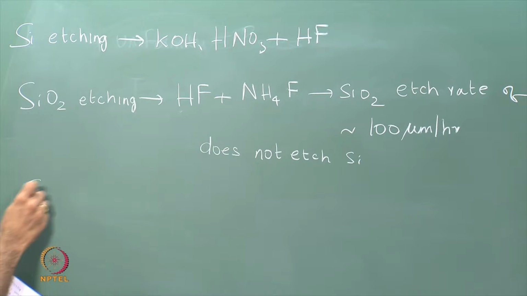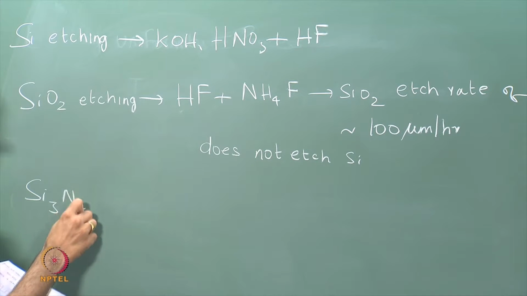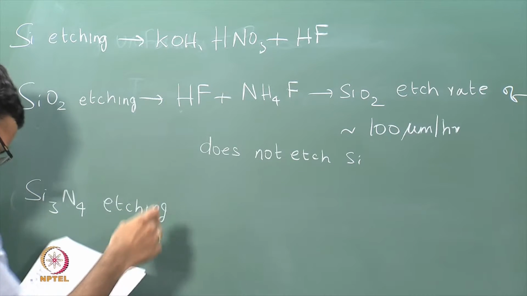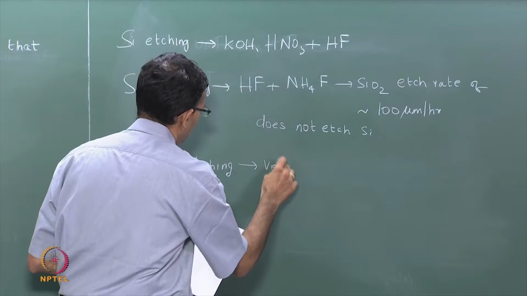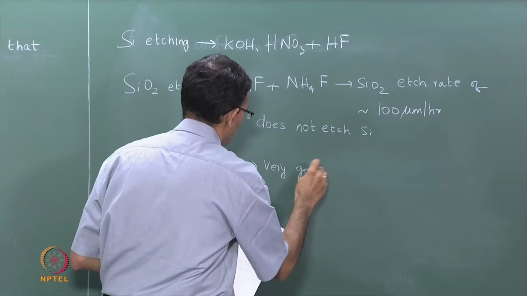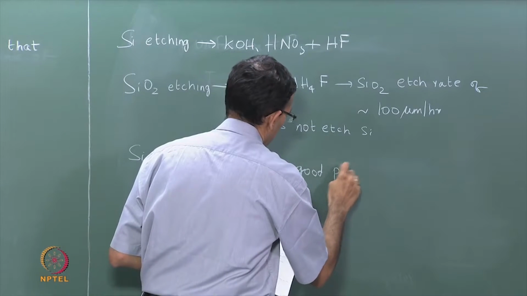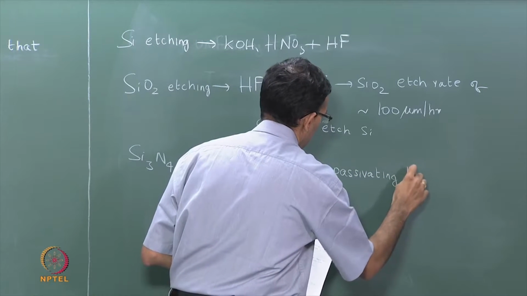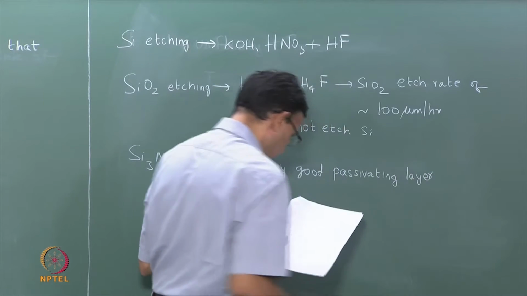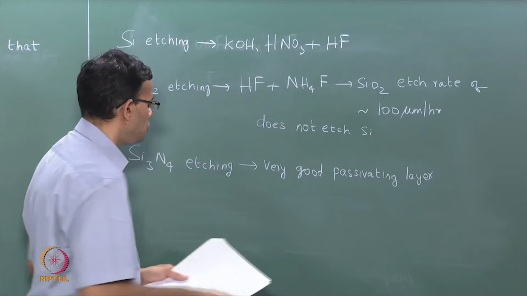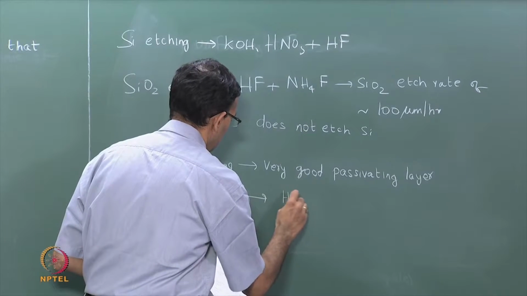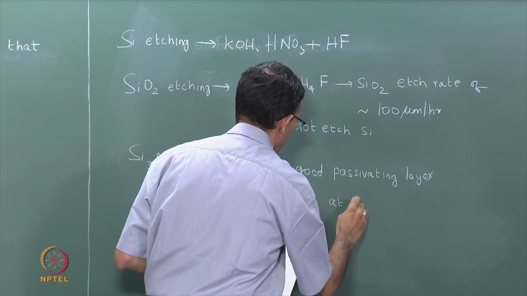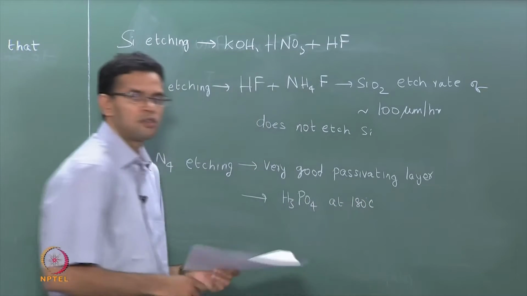Silicon nitride is usually impervious to a lot of etchant materials. It forms a very good passivating layer. So hot phosphoric acid, H3PO4, at 180 degrees is used to etch silicon nitride.